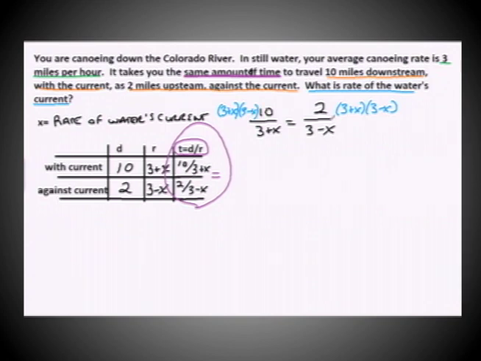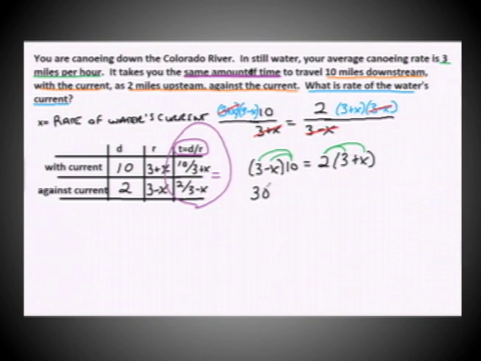And I'll just note again that that's all happening in the numerator. And we do that so we can come back and say anything divided by itself is 1. And now we're left with 3 minus x times 10 equals 2 times 3 plus x. So distribution bells and whistles should be going off because that's exactly what we need to do.